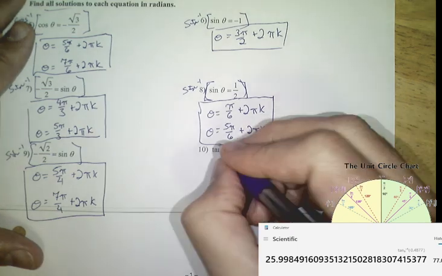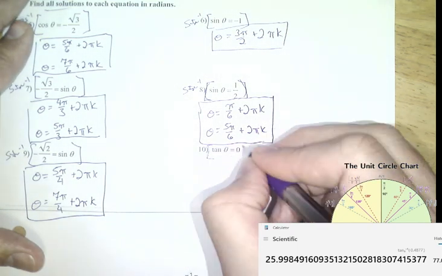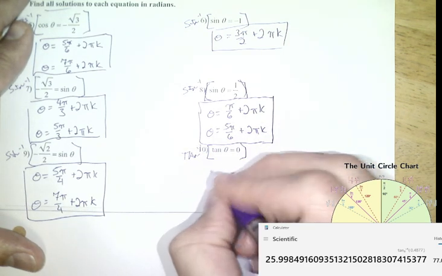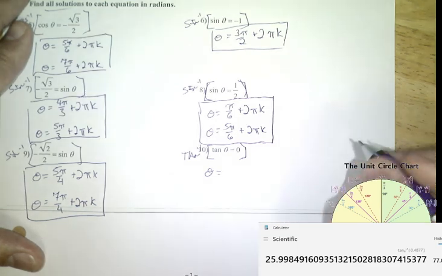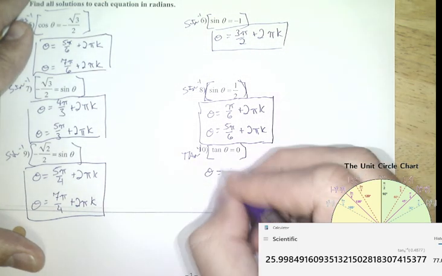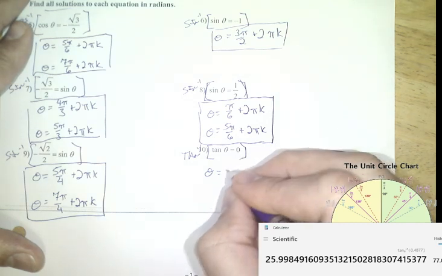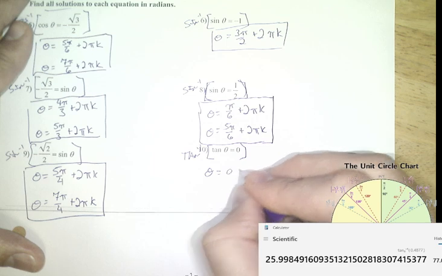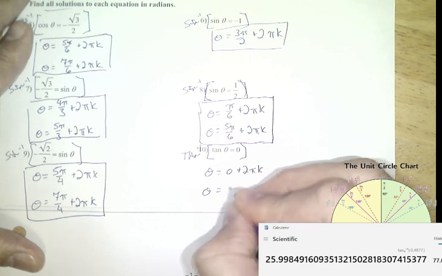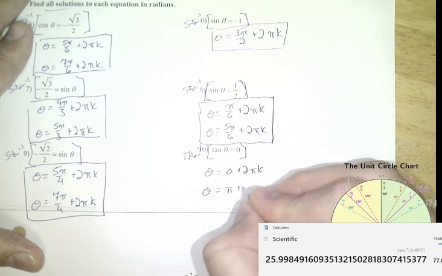And then finally we have tangent. Take the inverse tangent of both sides, and we get theta is equal to, if you want to treat this the same way you're doing sine and cosine, theta is equal to 0 plus 2 pi k, and theta is equal to pi plus 2 pi k.